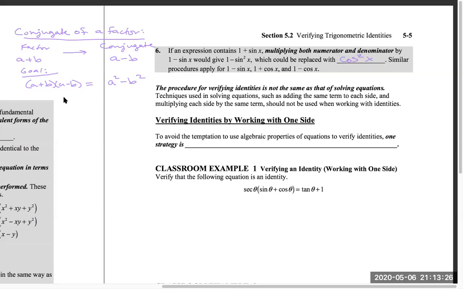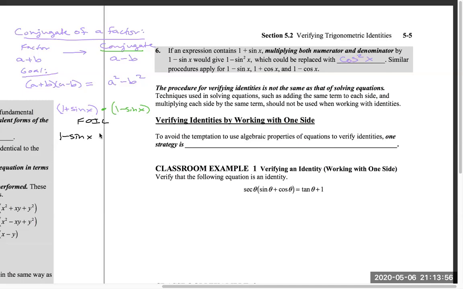Okay, so if we start with 1 plus sine x, and then we multiply by the conjugate, that would be 1 minus sine x. So for this, you would need to FOIL. You get 1 times 1, which is 1. 1 times negative sine x is minus sine x.